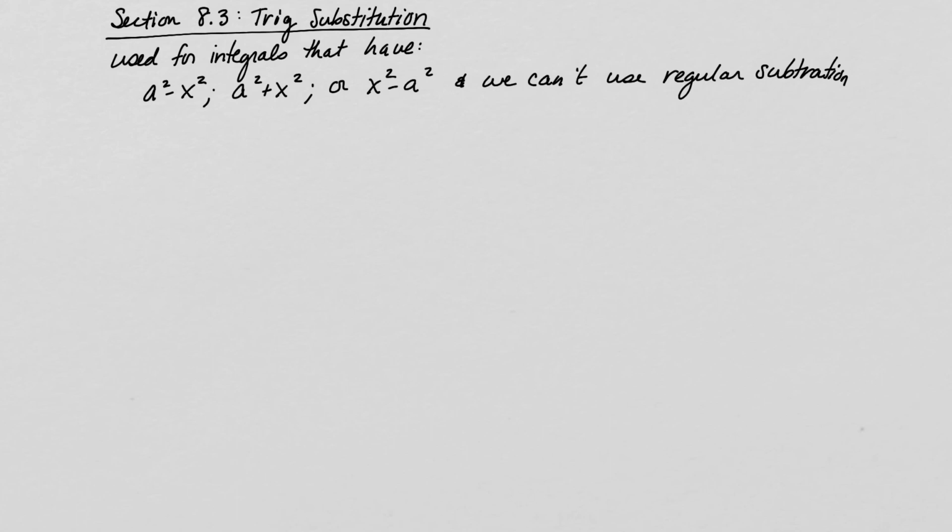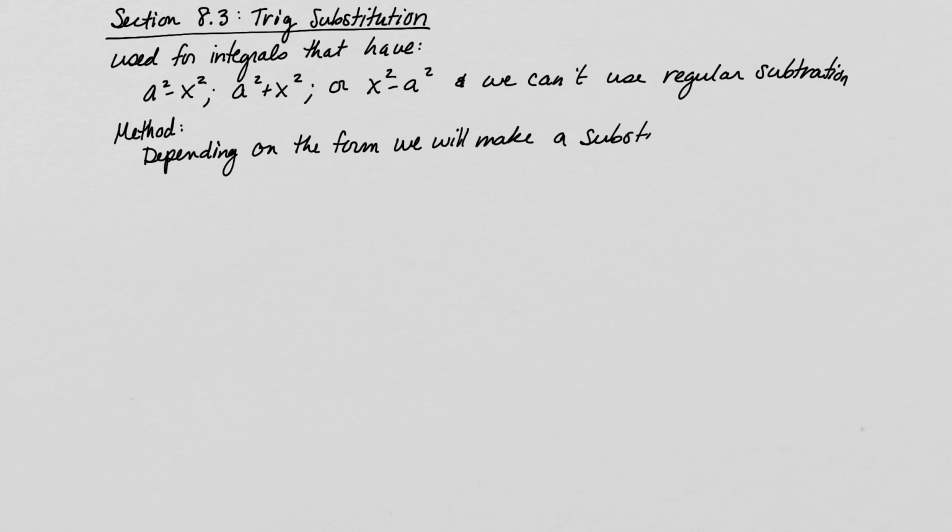Basically, the method is that depending on which of those forms we have, we will make a substitution. So we're going to make a little table here. Here's our forms, and here's what we're going to substitute.